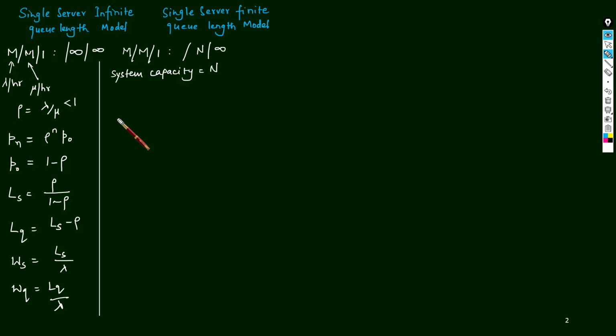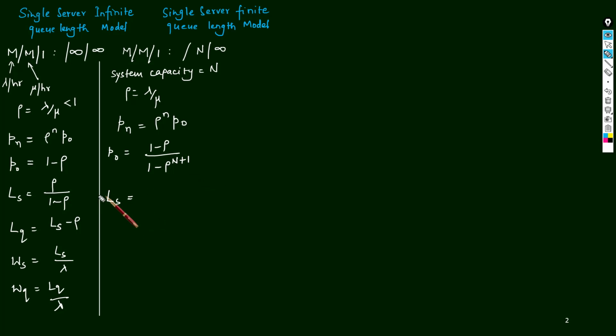Here also rho is equal to lambda by mu, and this may be less than 1, greater than 1, or equal to 1. Any possibility is there. So we know Pn will be the same. What about P naught? There is a change: 1 minus rho divided by 1 minus rho to the power N plus 1.